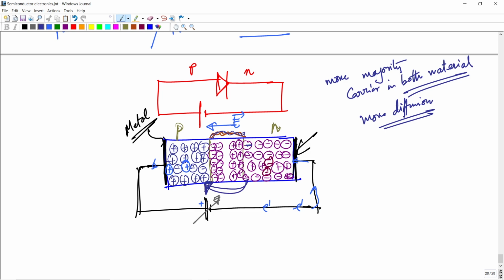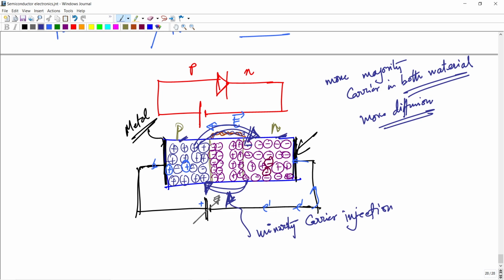Similarly, holes go from the p region to the n region and diffuse, and the hole is a minority in n type material. Due to that, it is called minority carrier injection, in both p type and n type material.